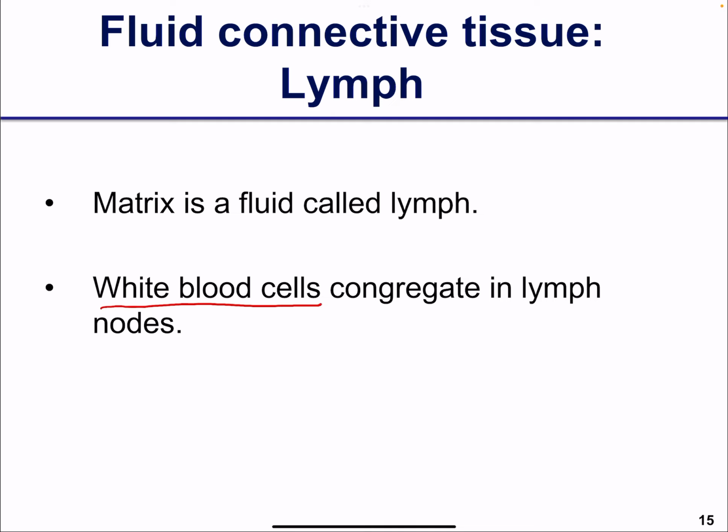Those white blood cells are going to be in the lymph to be carried and stored in lymph nodes, right? This is where they are going to stay. Whenever there is an infection, these cells are going to leave the lymph nodes and start circulating in the body so they can go target infectious particles and get rid of the infection.